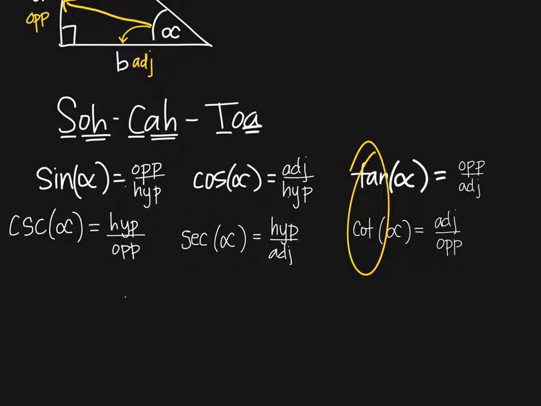And so cosine would not pair with cosecant. Cosine pairs with secant. Another way I remember it is I switch the outer two letters. So COS, and then the S and C switch, and that helps me. However you want to pair those together.